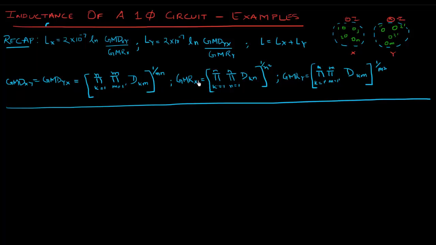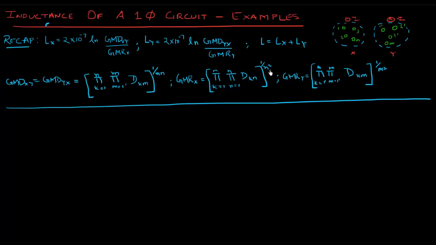GMR, the self GMD or the geometric mean radius, was nothing but a product of all the distances between the strands in the same conductor.